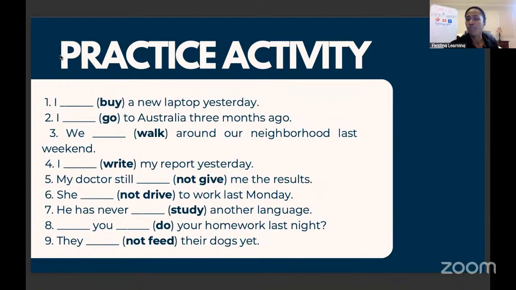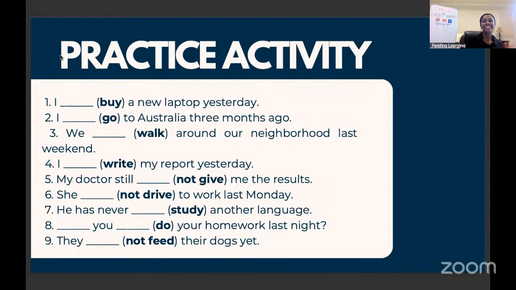Very good. Now number 7. Let me see if someone already answered number 7. "He has never." Look at that, this is the time marker for the present perfect.